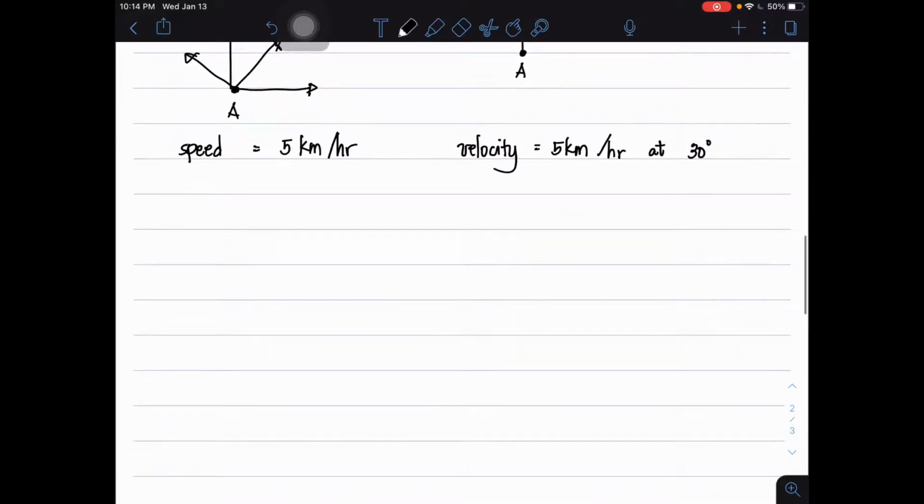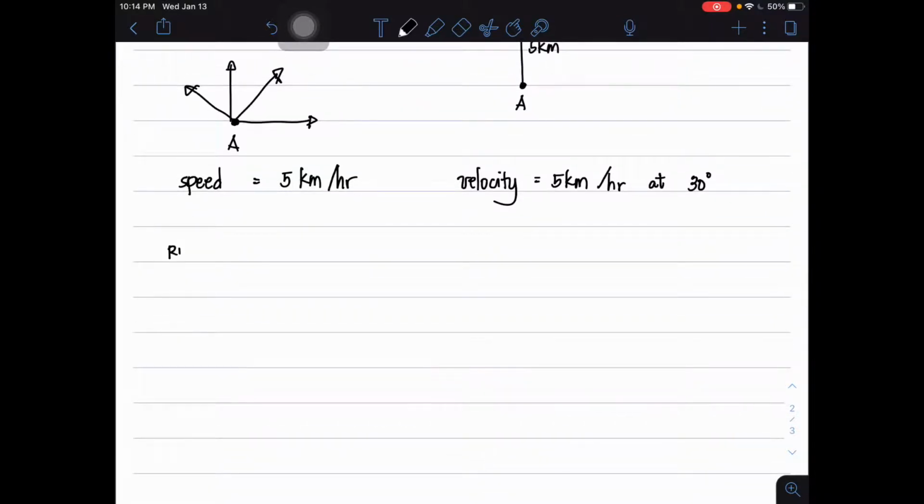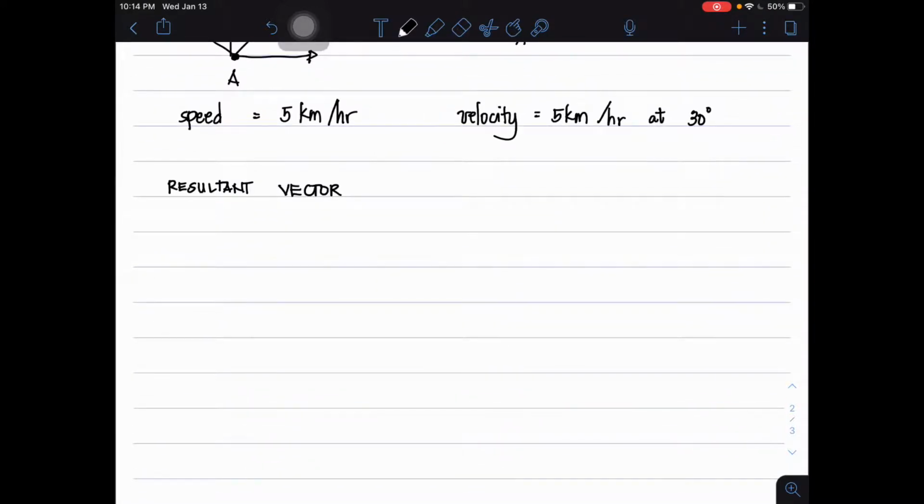Now let's go to the solution of the resultant vector. Let's say we have displacement 1. By the way, this is how you present a vector quantity. You need to put an arrow on top of it.